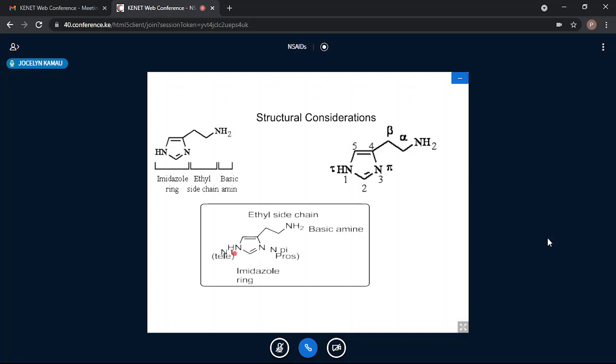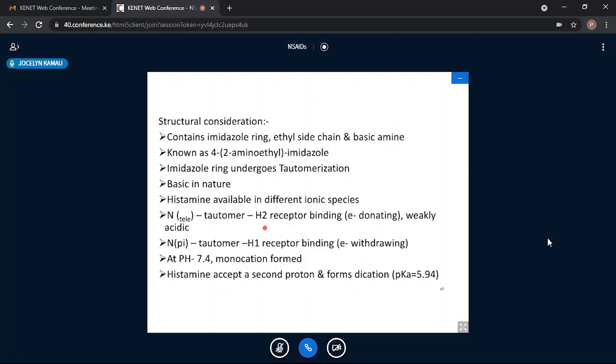This can shift here, and then the hydrogen is on the pros nitrogen or the pi nitrogen, and the double bond is on this one. So what we are saying is that we can have tautomerism, not keto-enol this time, where either of the nitrogens can carry the hydrogen. That is the tautomerism that we are talking about. But we are going to look at it more.